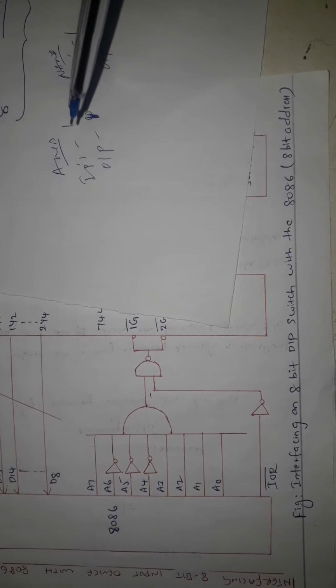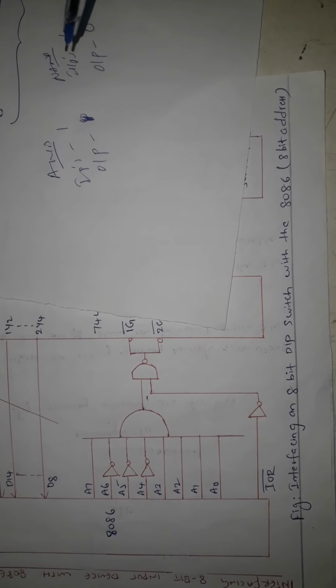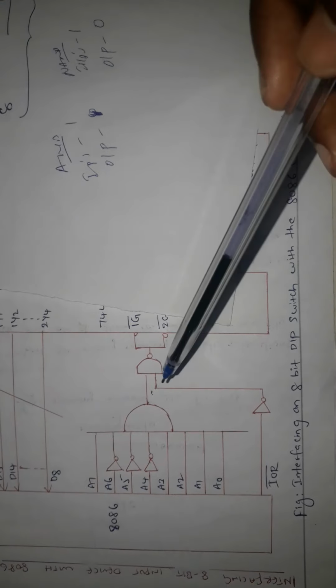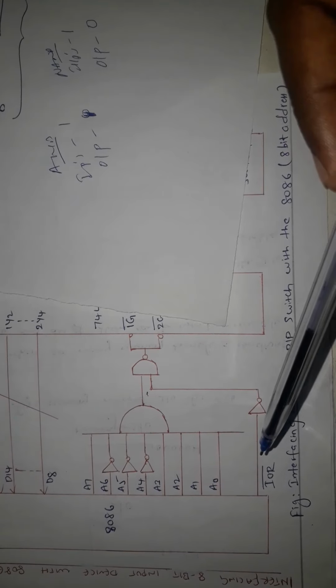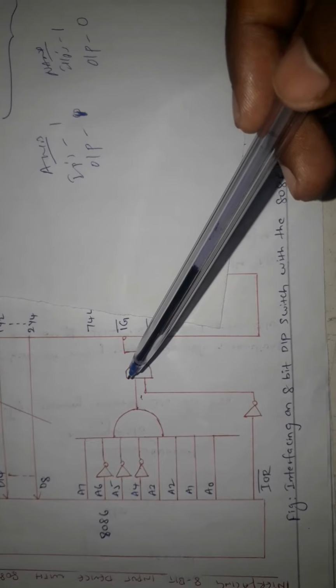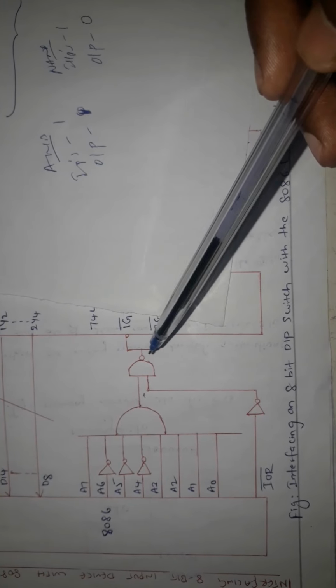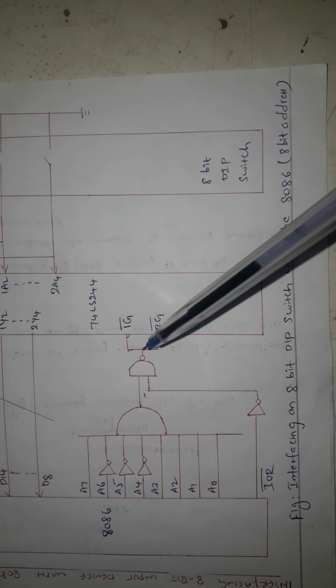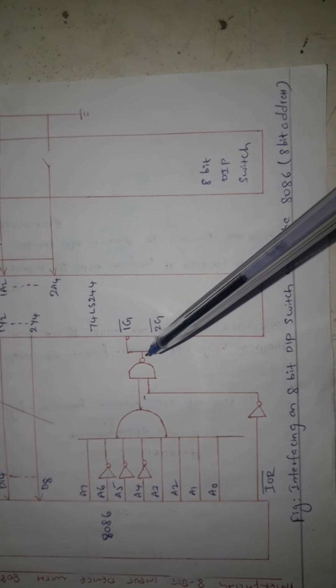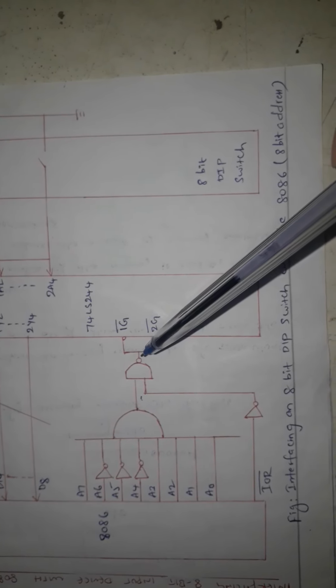If the AND inputs are 1, the output is 1. If the NAND inputs are 1, the output is 0. So whenever the output from the AND gate is 1 and the IOR input you receive is also 1 here, with both ones you get the output 0. So for the 8FH address, you will get 0 at the output of the NAND gate.